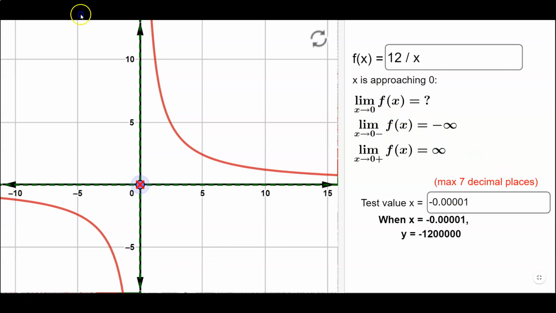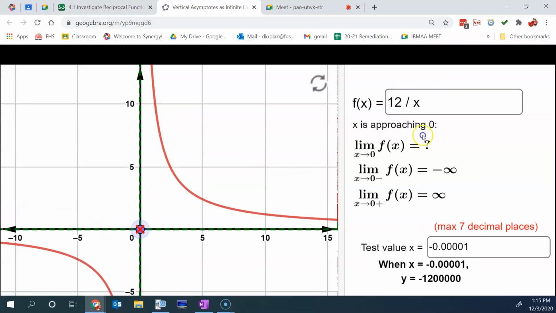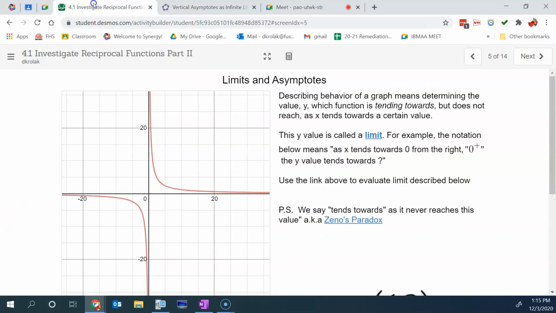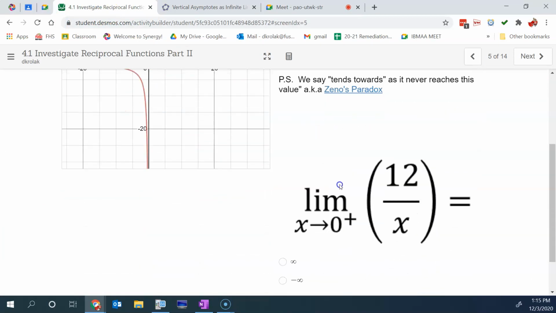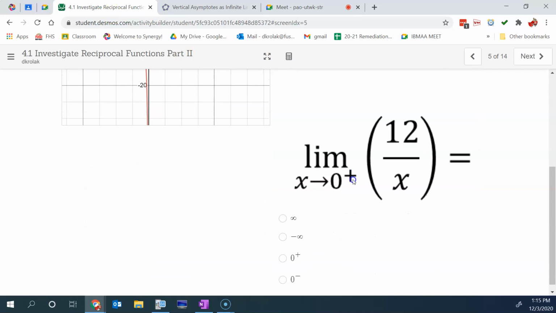So when you go back to your investigation here, if I was going to read this, it would say the limit as x approaches 0 from the right of 12 over x equals what?